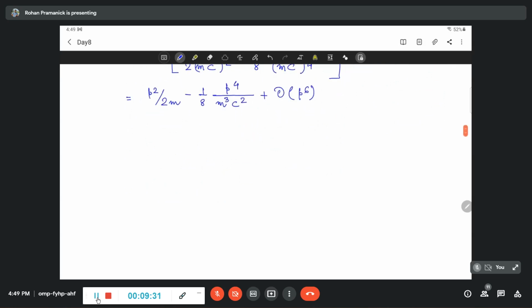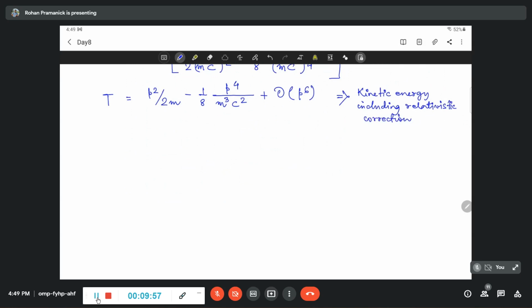So this is the kinetic energy including relativistic correction.